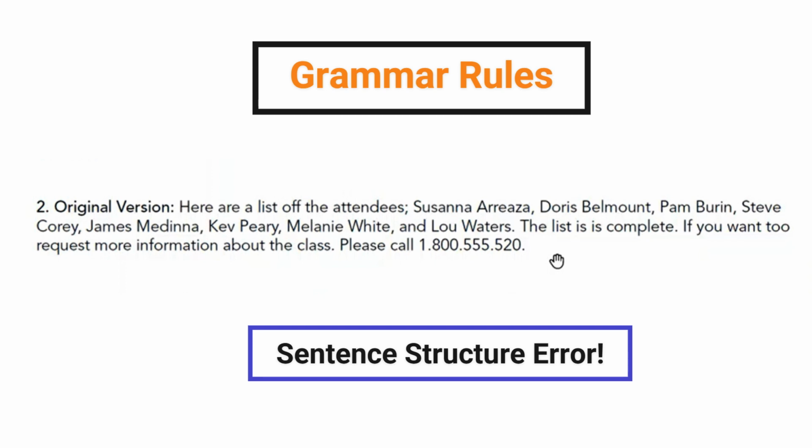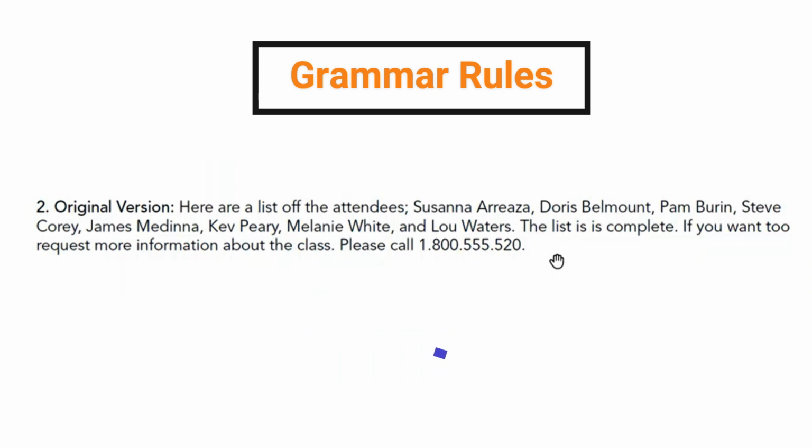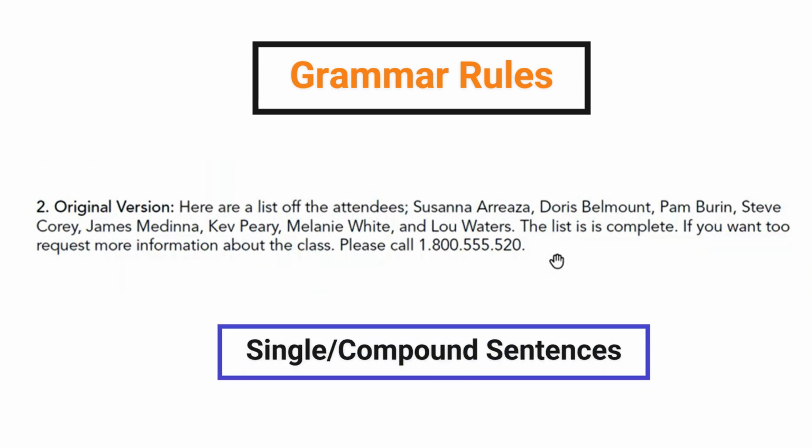So we will talk about grammar structures also. How many types of sentences can we actually make? It's very interesting. We can make single sentences, we can make compound sentences. Normally, when we write compound sentences, we use commas. Like first part, second part, there can be a comma, but sometimes there can be no comma also, and we will see different situations in grammar.